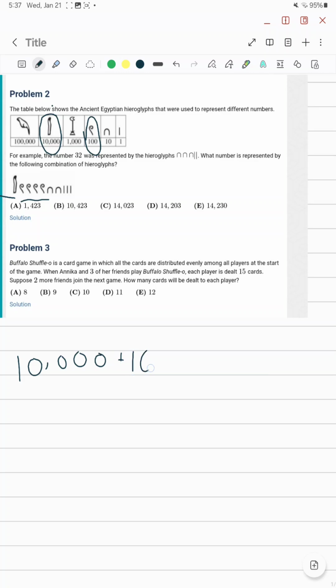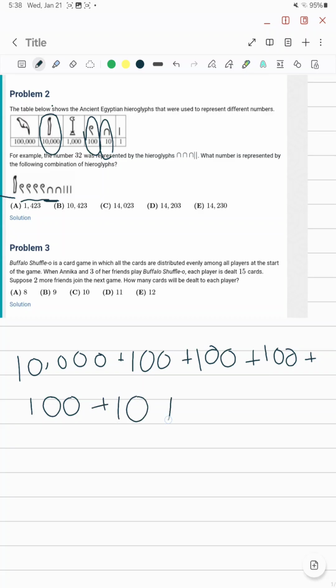Plus 100. Plus 100. Plus 100. Plus 100. Alright, the next thing is these N-like shapes, and that's represented right here. Plus 10, plus 10, and the last one are these 3 lines, which represents 1, plus 1, plus 1.